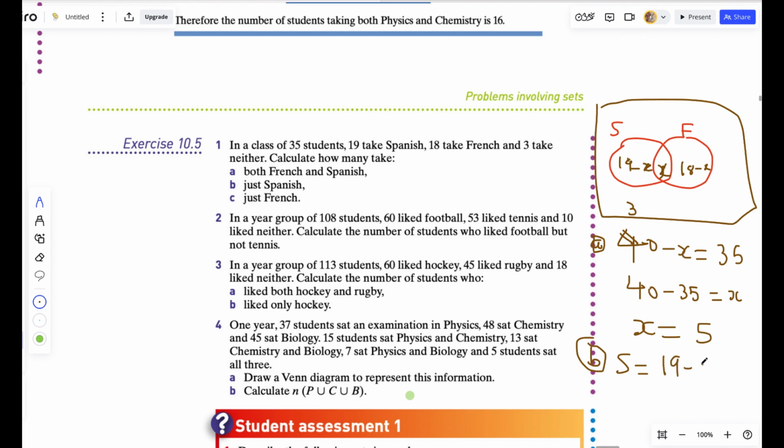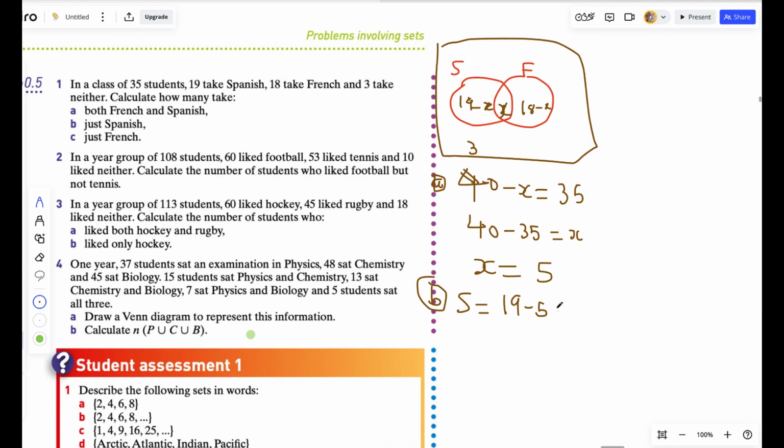Because here is for Spanish only, without French interference. Spanish only is this place: 19 minus whatever you get for x. We remember we got 5 for x. So you say 19 minus 5, which gives us 14, right? So we get 14 here. That's the B part of the question.